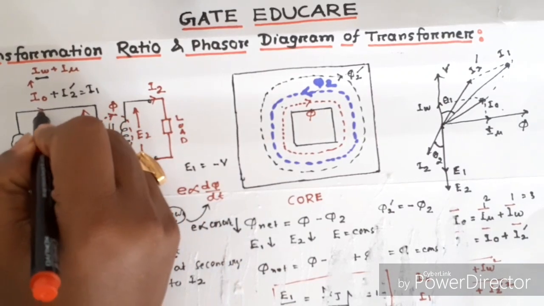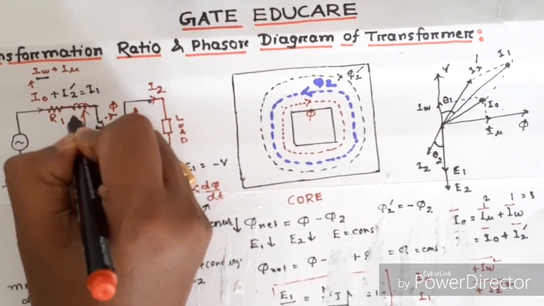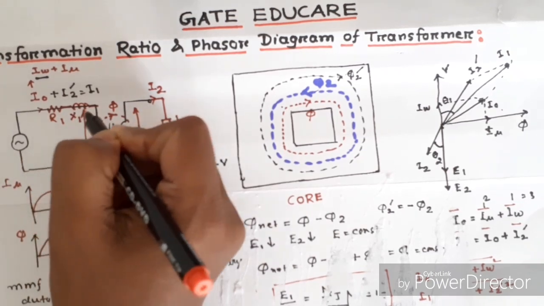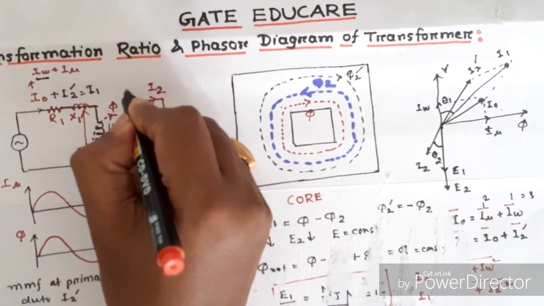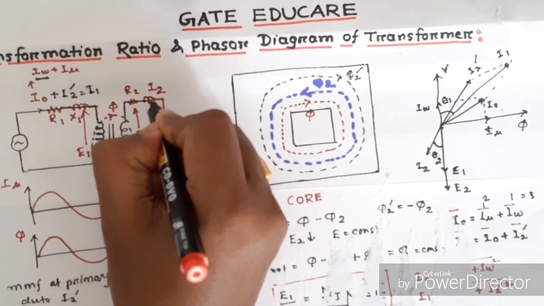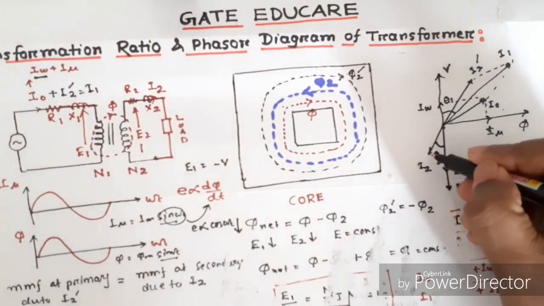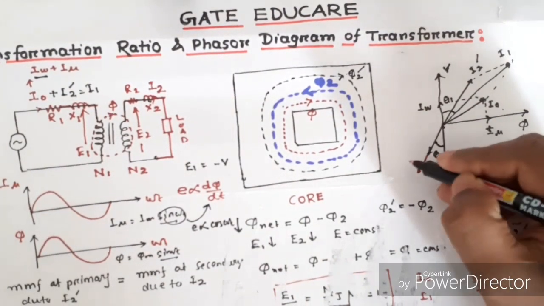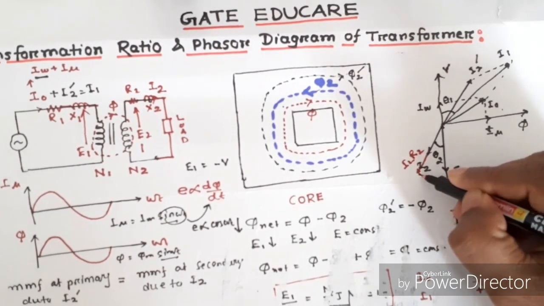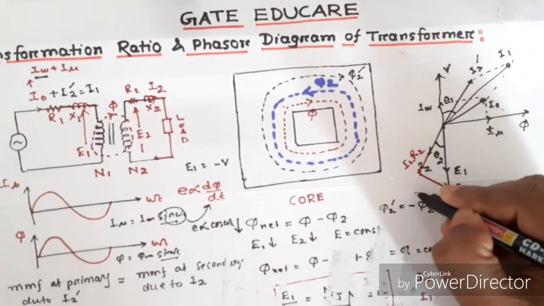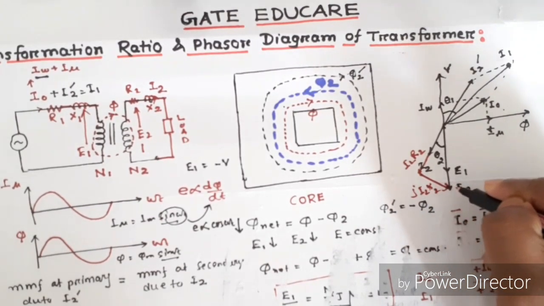Let the primary winding resistance be R1 and reactance X1. Similarly, the secondary winding resistance is R2 and reactance is X2. Then I2 into R2 plus j into I2 X2 gives you E2.